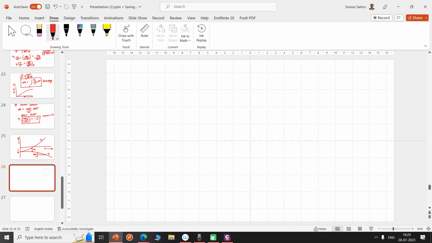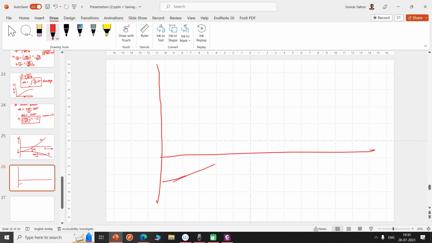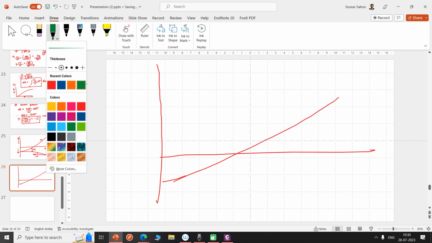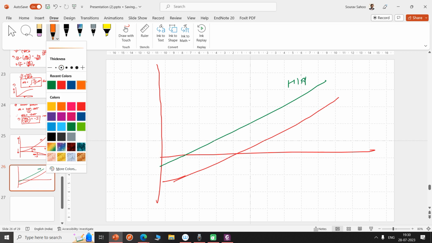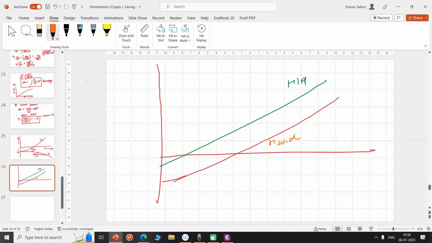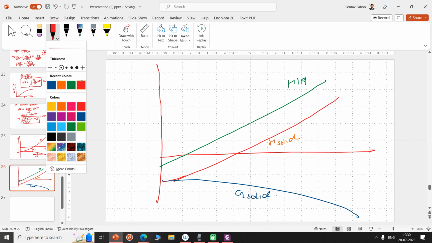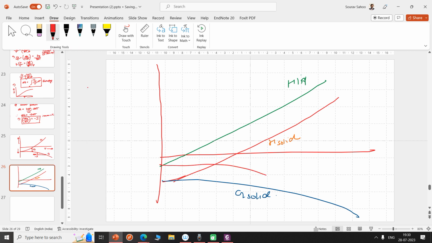So maybe I can quickly summarize that as well. This is H liquid, this is H solid, this is G solid, and this is G liquid.